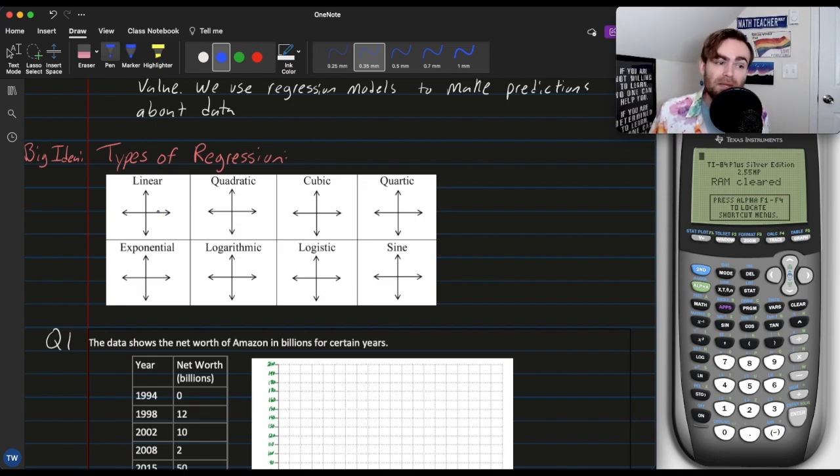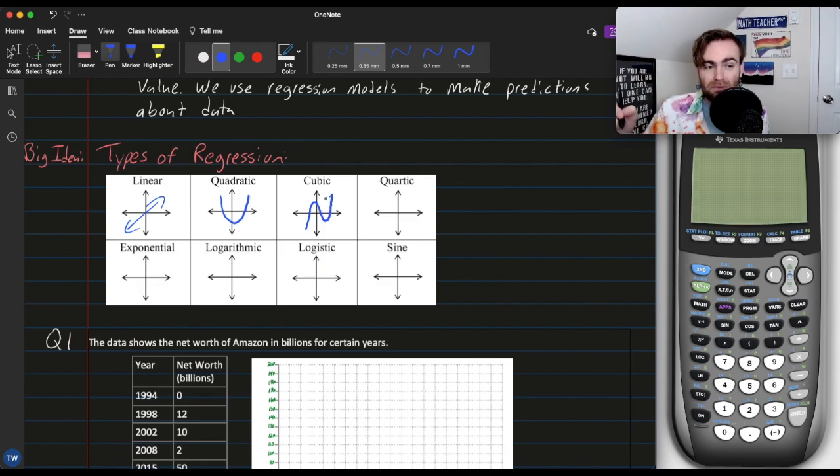So what do I mean by regression of this type? I mean that our data forms these general shapes. And to remind you what those general shapes look like, our lines, our linears, or anything that looks like a line. It could be increasing, decreasing, it doesn't matter as long as your data looks like it has a consistent change within its data. Quadratic, you have that nice parabola shape. Cubic, you have like your up and down motion.